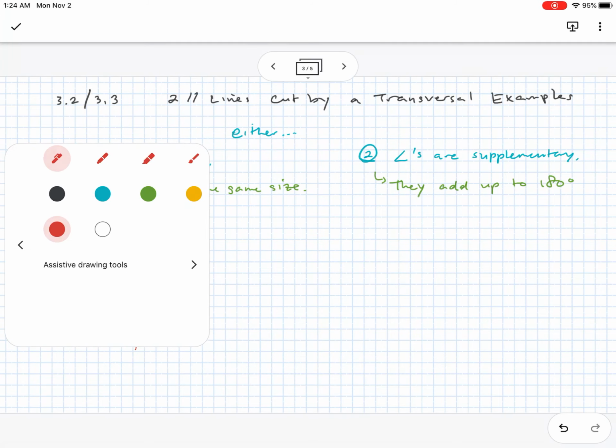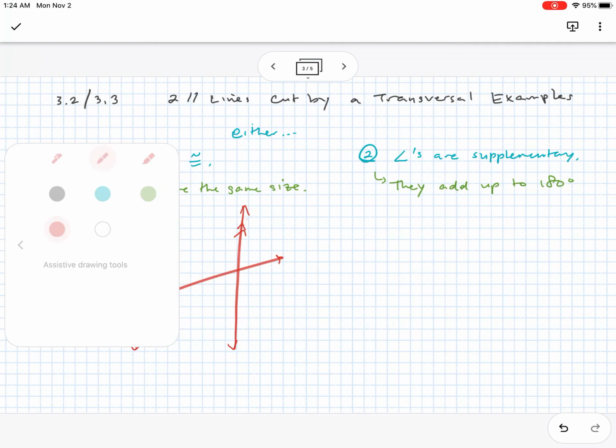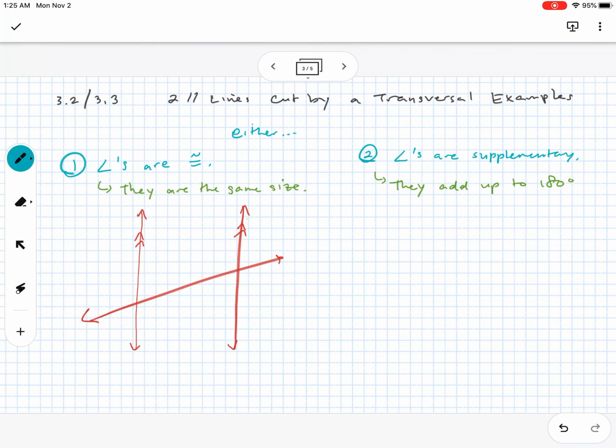So if I give you a parallel line like this, and they're cut by a transversal like that, and we say that these guys are parallel, and I tell you that this guy is equal to, let's say, x, and then I tell you that this guy is equal to, let's say, 75 minus x, right?